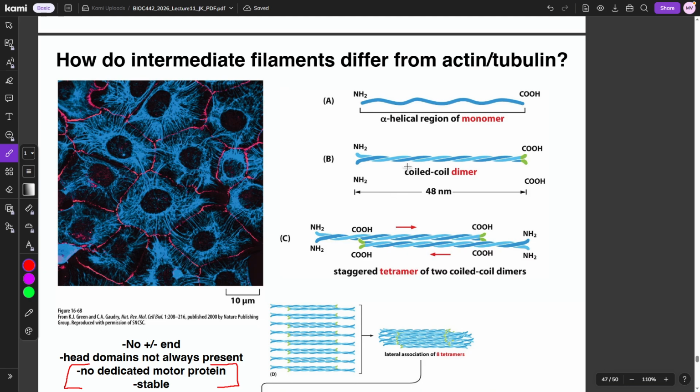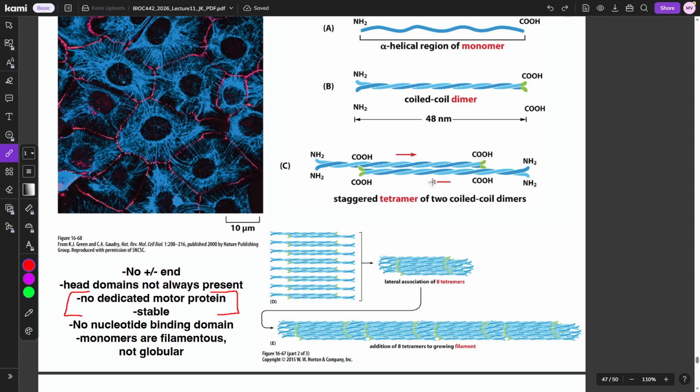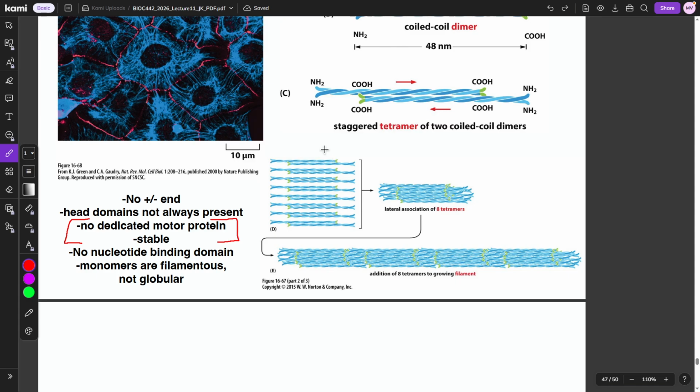So the alpha helical region of this monomer, you combine two of them together, and then you slap multiple of these on top of each other, and then you take multiple of these, slap those on top of each other, you get this tetramer, and then you slap multiple of these on top of each other, and you get these massive webs of intermediate filaments.